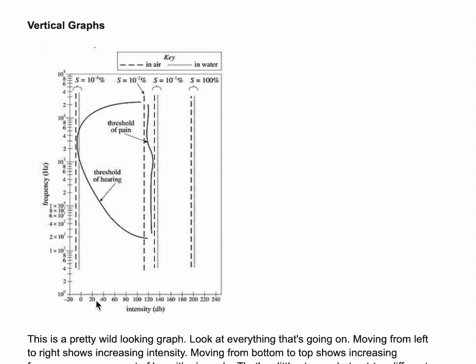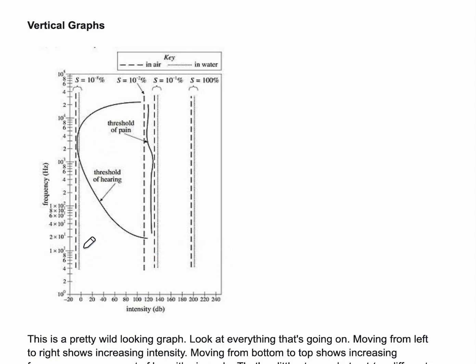Okay, so you have intensity in decibels and frequency, and this is all about sound. So if you looked at a specific point, let's say the frequency is 1 times 10 to the 1, so that's 10, then here, basically it's below the threshold of hearing.